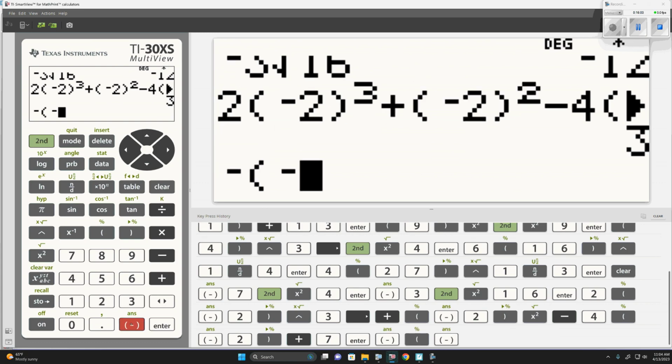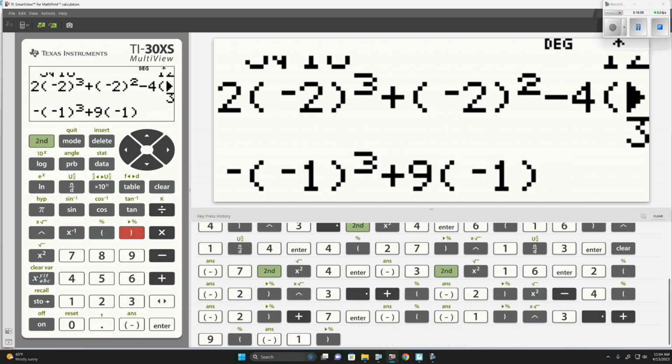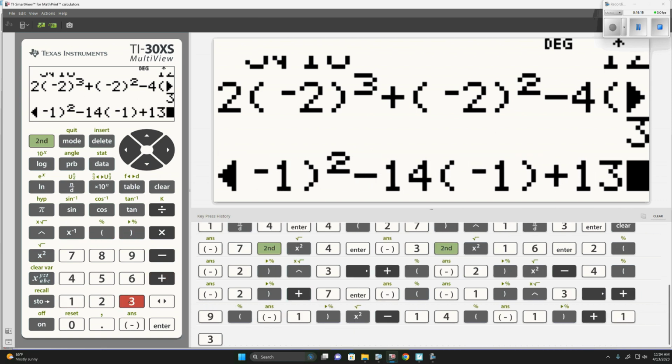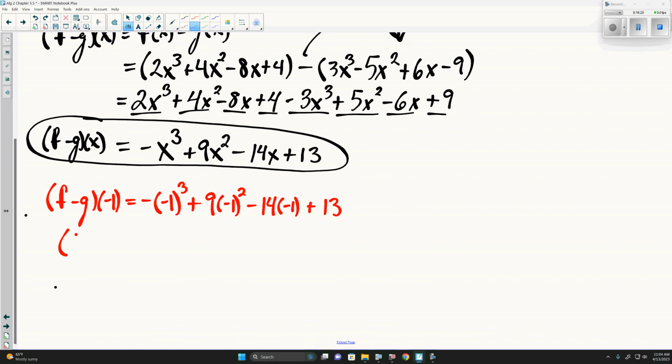Negative 1 cubed plus 9 times negative 1 squared minus 14 times negative 1 plus 13 is 37. So f minus g of negative 1 is 37. Any questions on any of this here? What do we think of addition and subtraction of these functions?